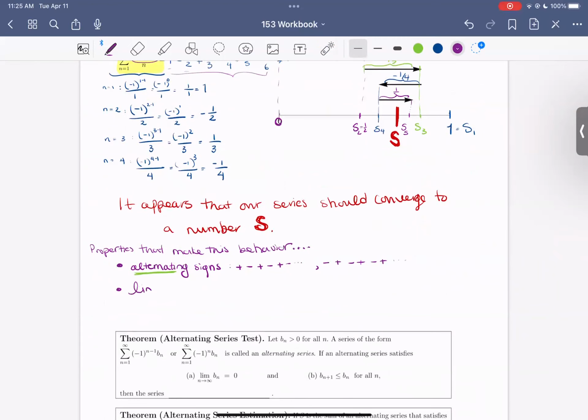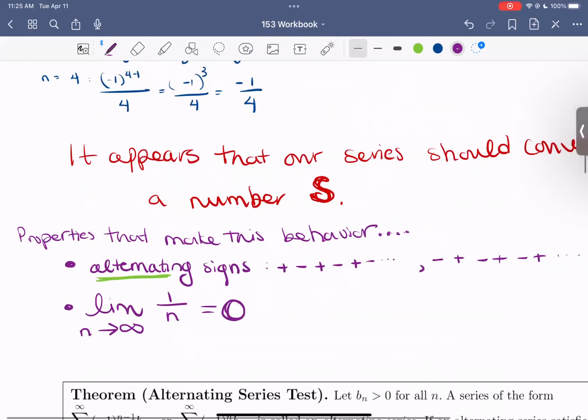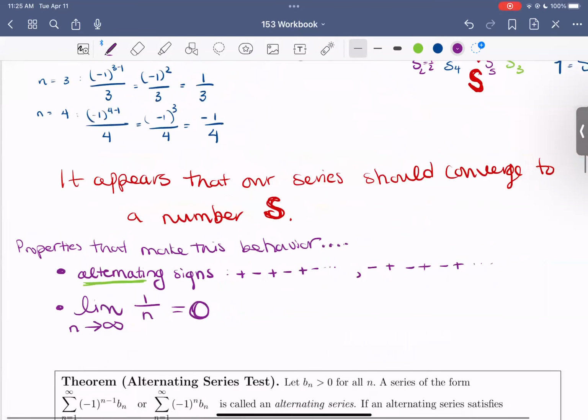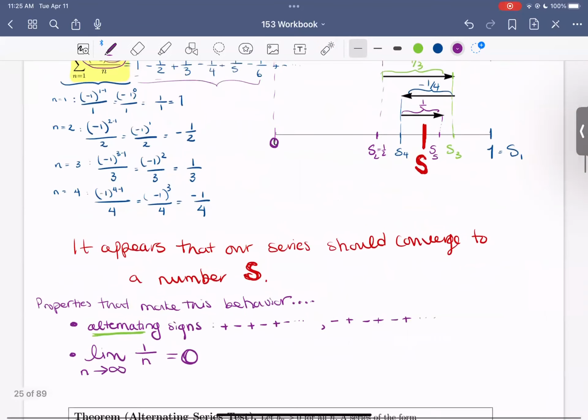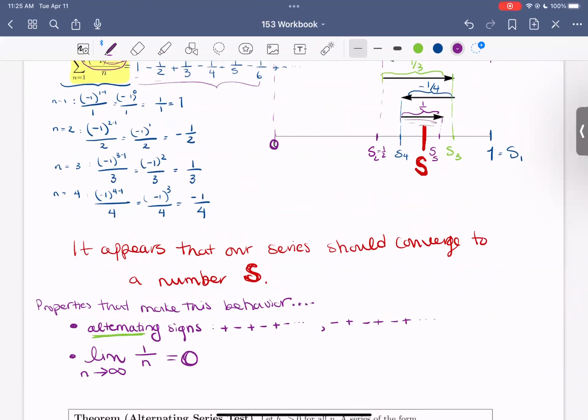Well, that means the limit of the term 1/n, meaning if we get rid of that negative sign, that limit goes to 0. And so that's part of what's giving us this apparent convergence here. These terms get smaller and smaller, so our arrows would move back and forth less and less. We wouldn't go way over to some other spot, but zero in on some fixed distance back and forth. Okay, enough of that. Cool.